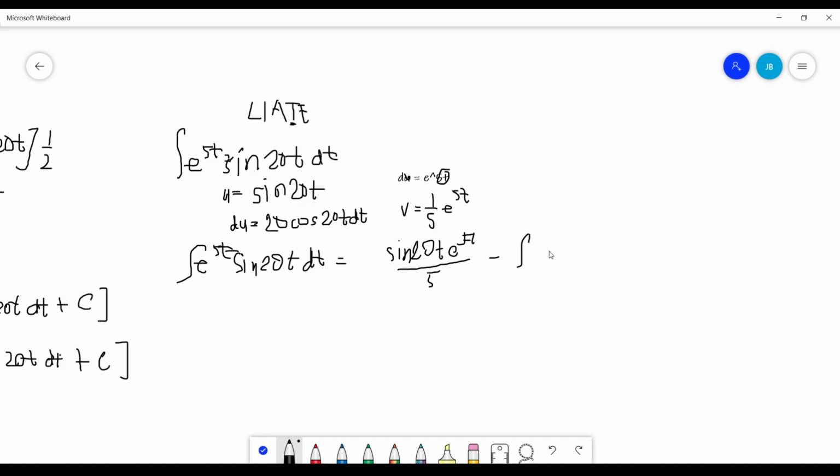So 20 divided by 5, that's 4. Then cosine 20t dt. Okay, so our suffering does not end here.